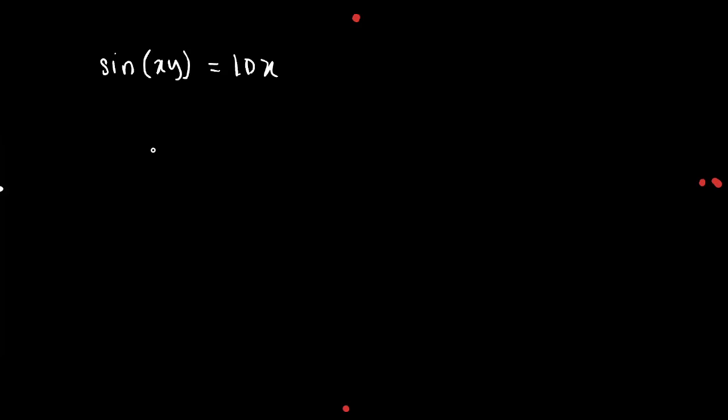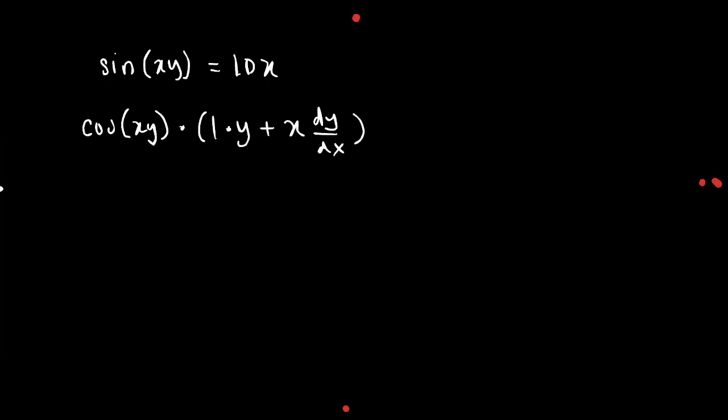So we get derivative of sine is cosine. Cosine xy times the derivative inside here. This is going to be product rule inside. So inside we end up with 1 times y plus x times y prime, or x times, again, the derivative of y, so x dy/dx, really, if you want to write it like that.